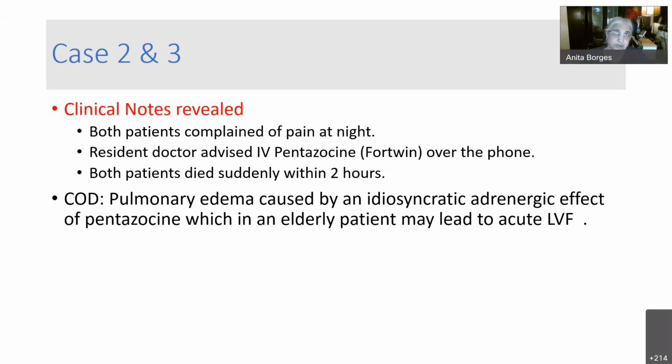Of course, the patient was under anesthesia, so you could sort of revive her. This happened in somebody whom I knew. I had already done these 2 autopsies and had figured out that pentazocine can have this adrenergic effect. When I said that to the anesthetist, she was extremely surprised.